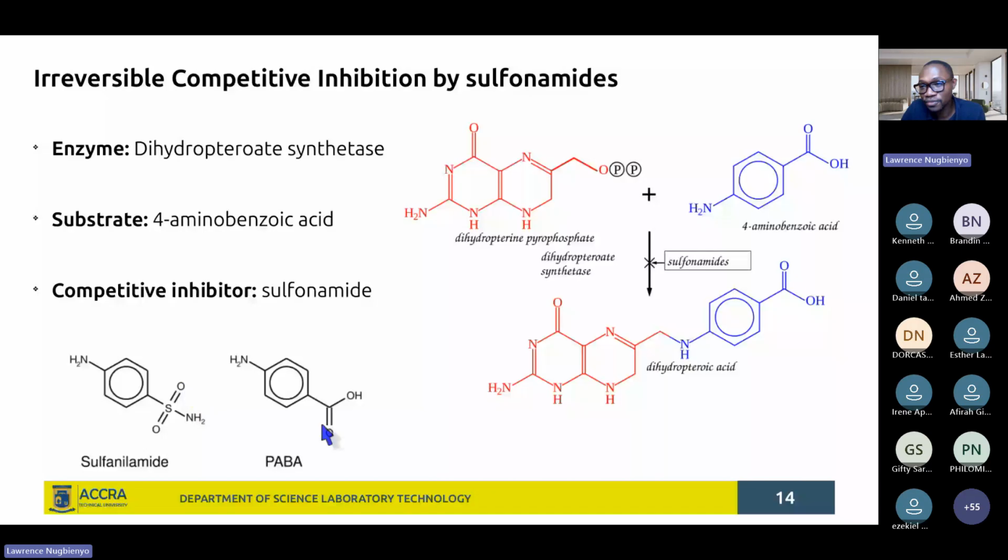Looks similar, sort of a structural analog that can bind in the active center of the enzyme and prevent the original substrate, para-aminobenzoic acid or 4-aminobenzoic acid, from interacting with the enzyme dihydropteroate synthetase.